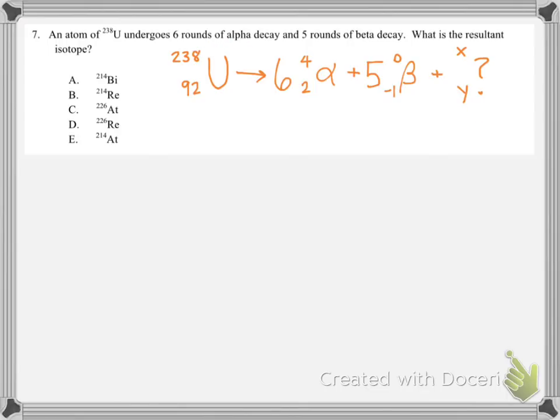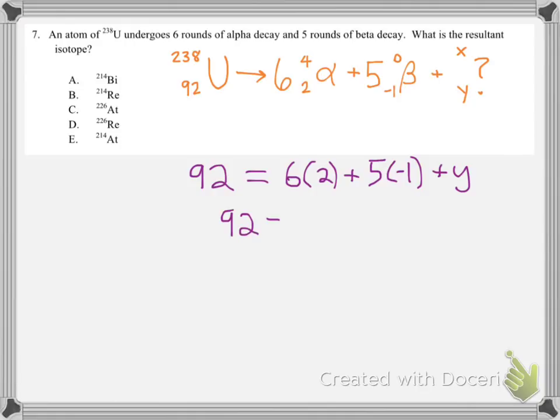First, let's figure out the chemical identity of our mystery isotope. Let's find out what element it is. So, we'll set the atomic numbers of the reactants, which is just 92, equal to, we've got 6 alpha decays, so 6 times 2. Each alpha decay takes with it 2 protons, plus 5 times negative 1, plus y.